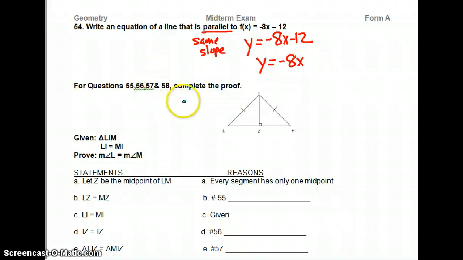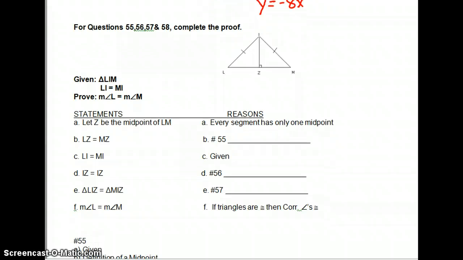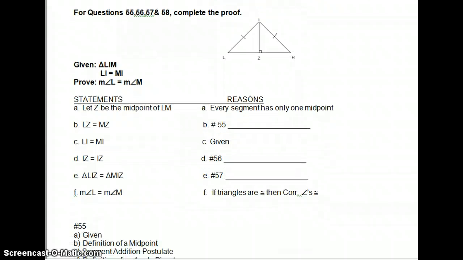55, 56, 57, 58, complete the proof. Alright, we're given this picture here, triangle LIM, with LI, MI, the measure of angle L, and the measure of angle M, and we mark that.